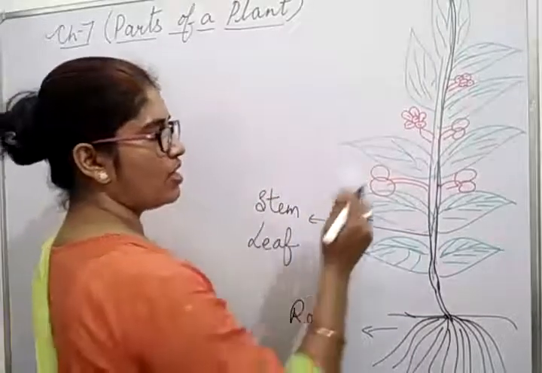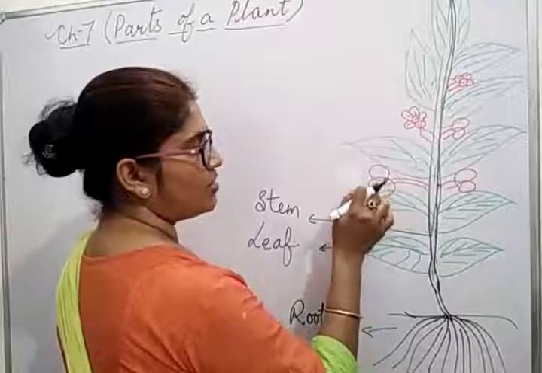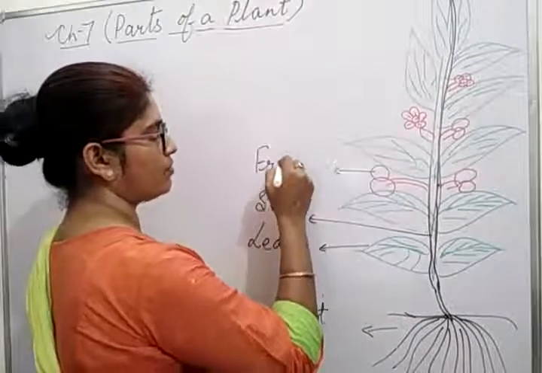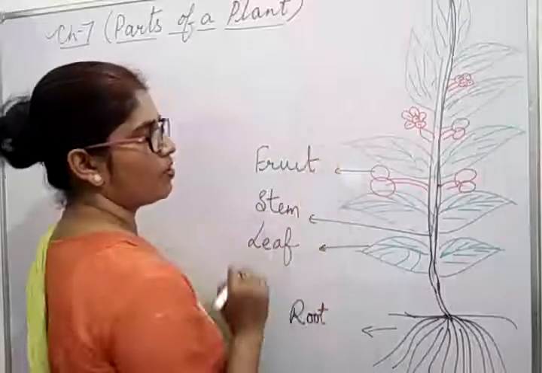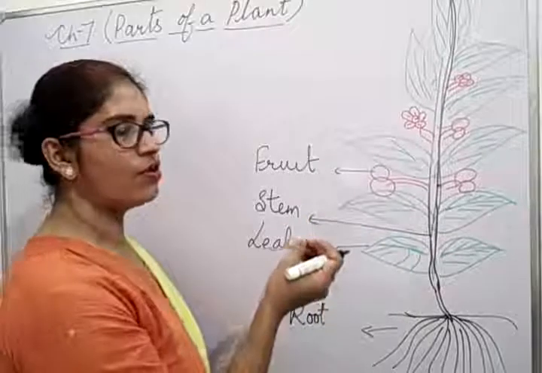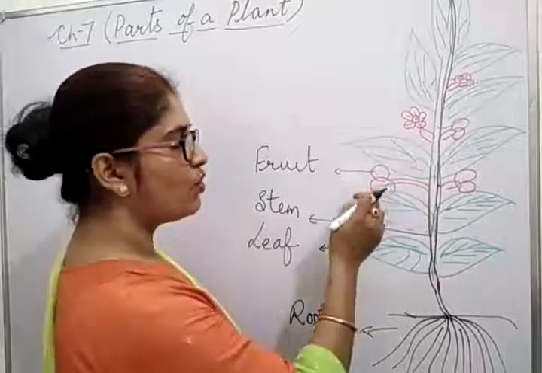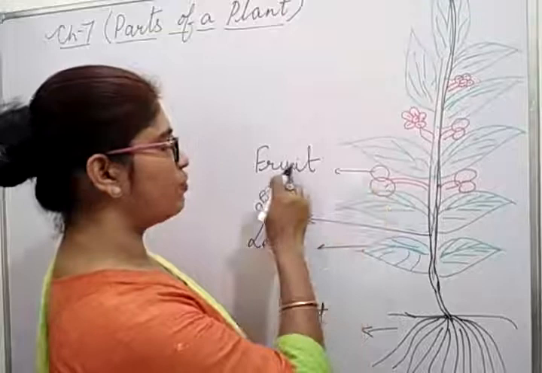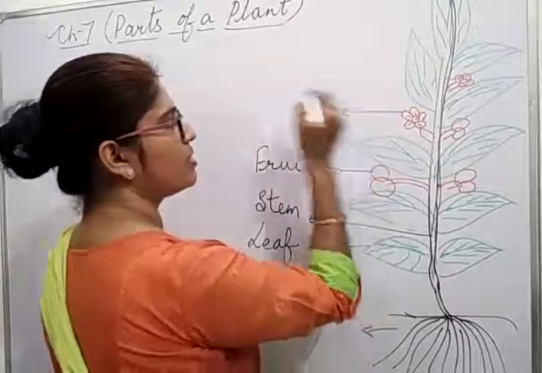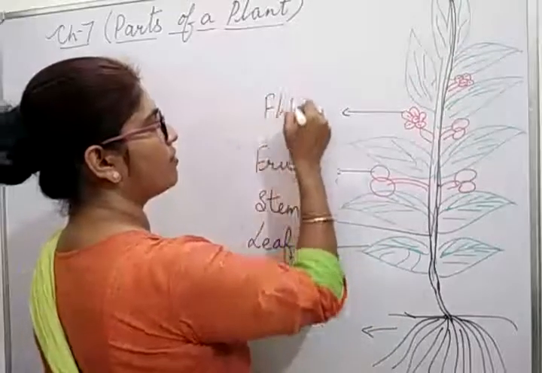Yes, very good. Then the next part is known as fruit. All plants have their own fruit. So I have made one fruit here, and you can label here fruit. Then this is a flower.